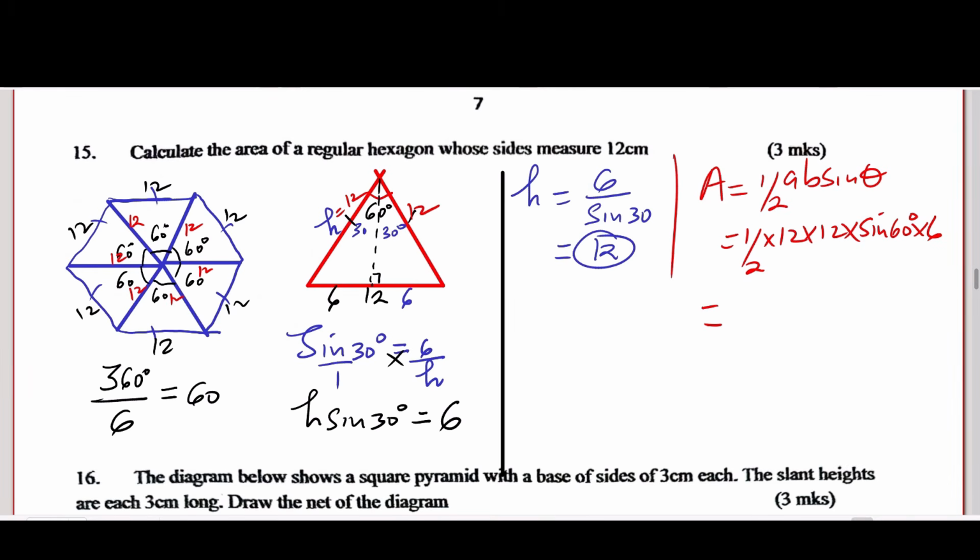This will give the area of the whole hexagon. So 6 times 12 times sine of 60, times 6, and this will give 374.113 centimeters squared.